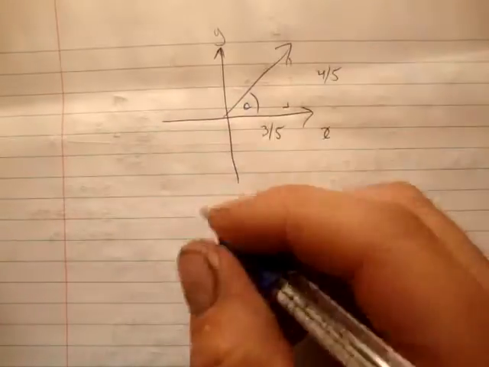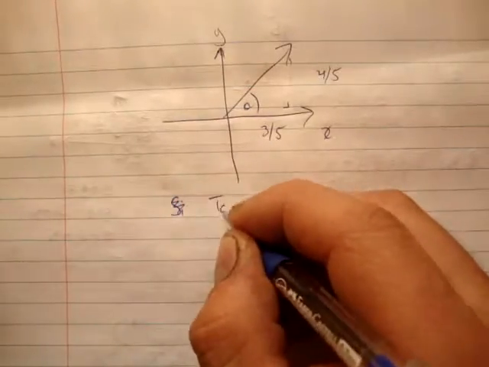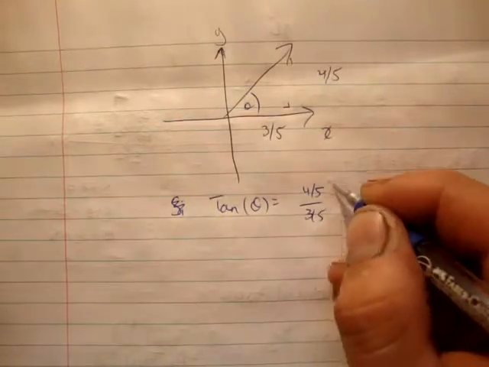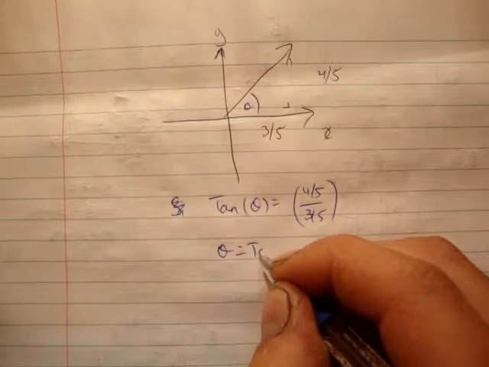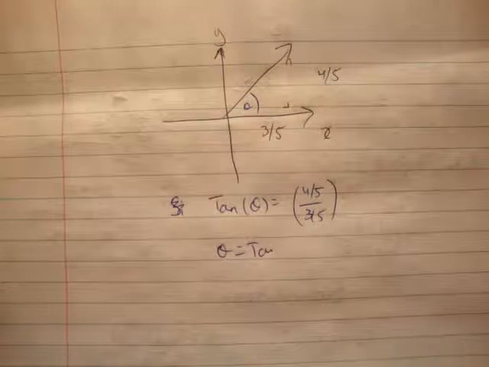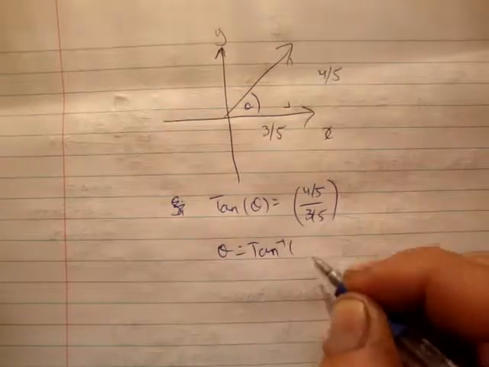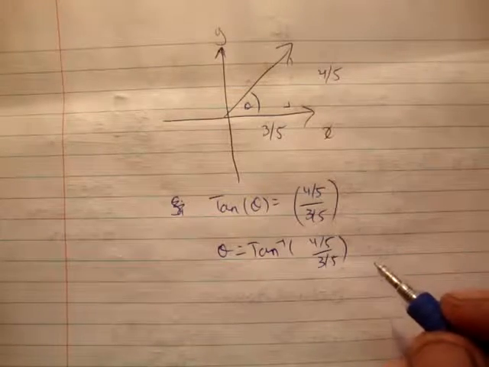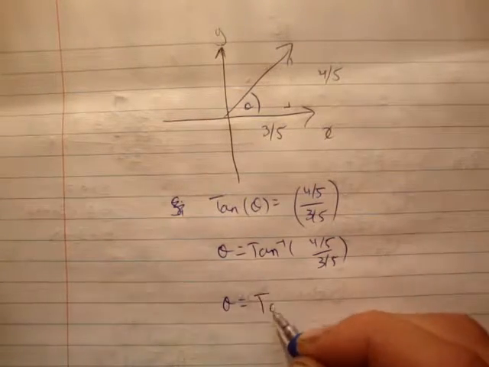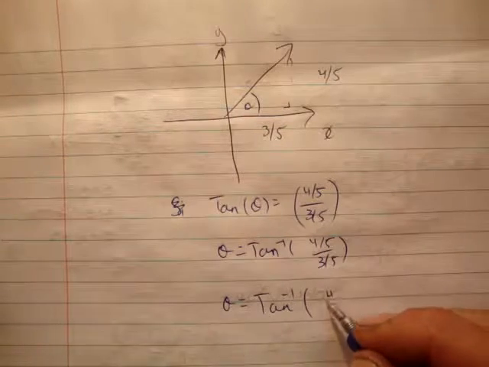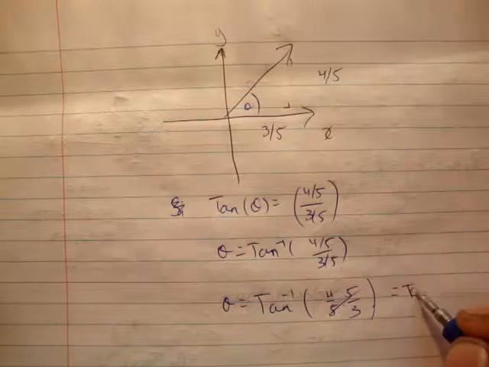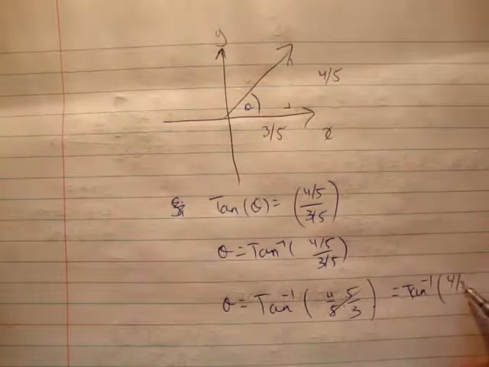I'm going to move slightly quicker now than I usually would, so I'm going to call this theta. Tan theta is equal to 4/5 over 3/5. Therefore theta is equal to inverse tan of 4/5 over 3/5, which is inverse tan of 4 over 5 times 5 over 3, which is inverse tan of 4 over 3.